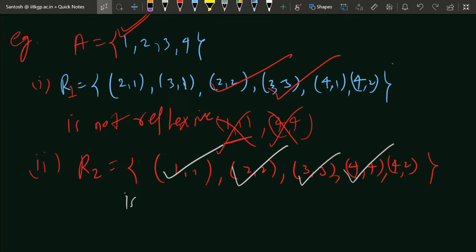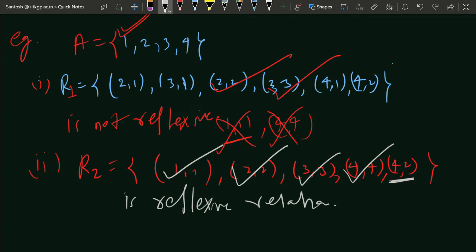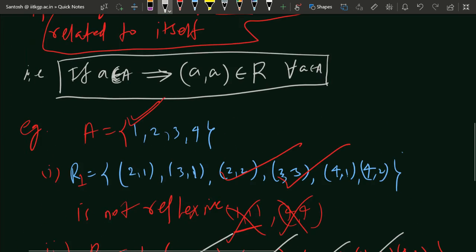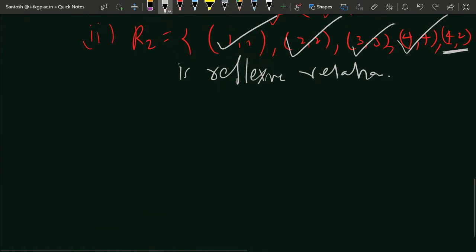So that's why this is a reflexive relation. Whether (4,2) is there or not, it will not affect the reflexivity. For a reflexive relation you only need to see whether every element is related to itself or not.